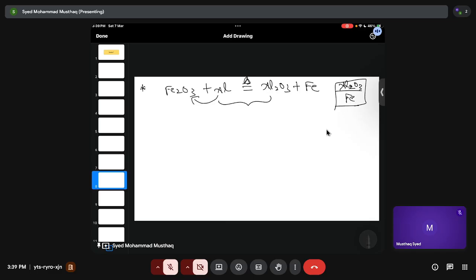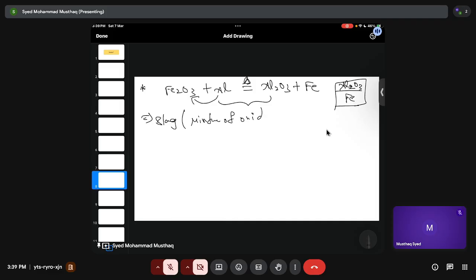Now that's all about smelting. Now let's move on to slags. Metallurgical slags. What is slag? It is just a mixture of oxides.